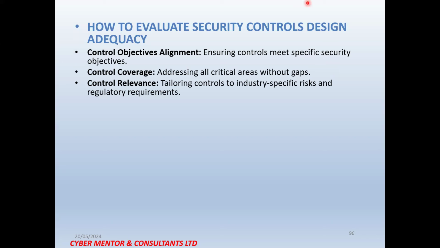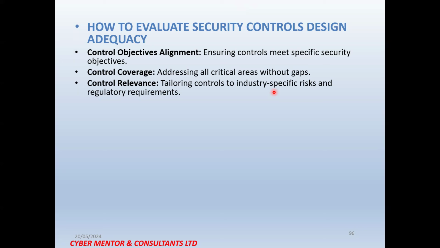Your contractors or customers require you to have controls in place, and if you don't, they will not do business with you. So is that control relevant to all this?